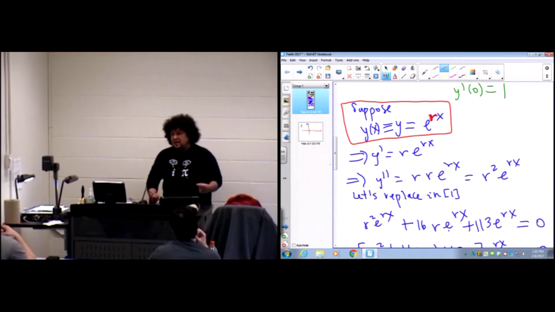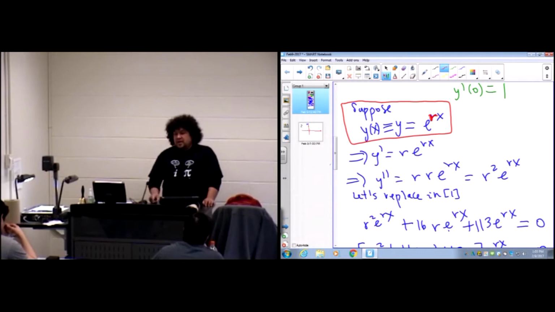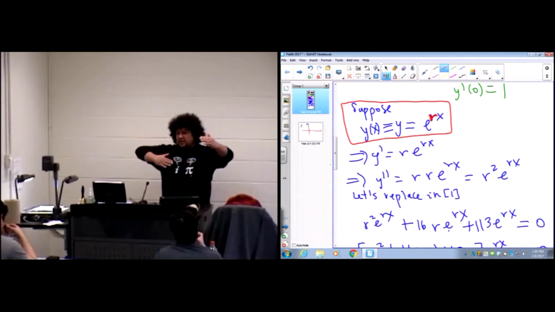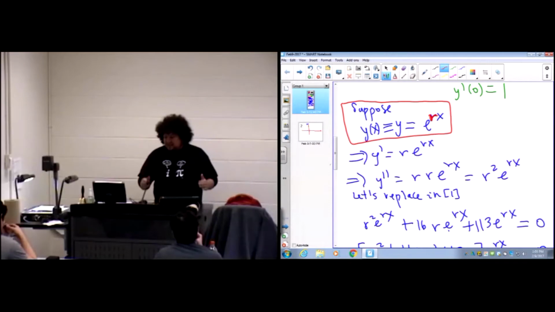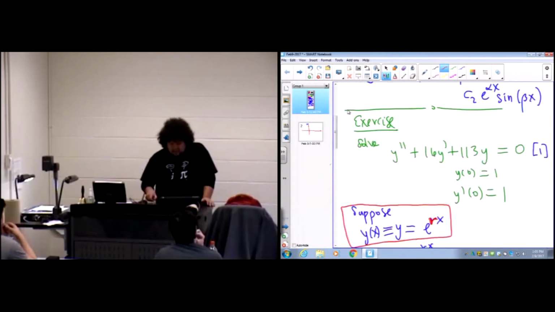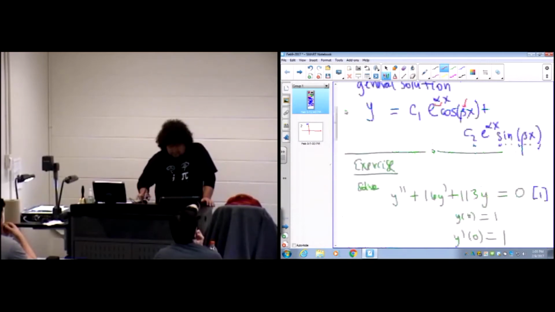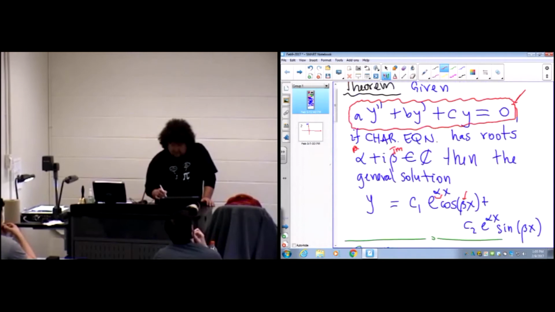And if you don't have a 0 there, it's still a second order linear, but it's not a homogeneous problem. But this procedure that we're talking about, assume the solution is exponential, applies when this is equal to 0, is homogeneous, and you have constant coefficients, right?